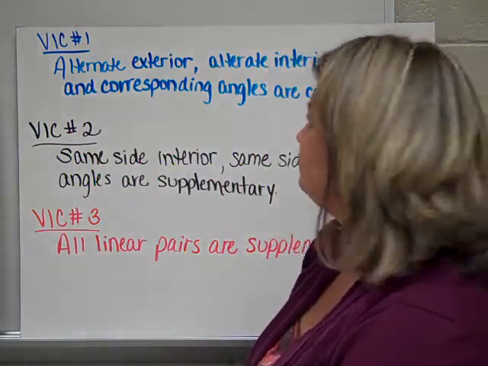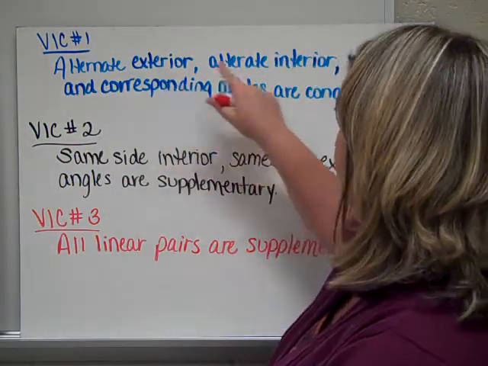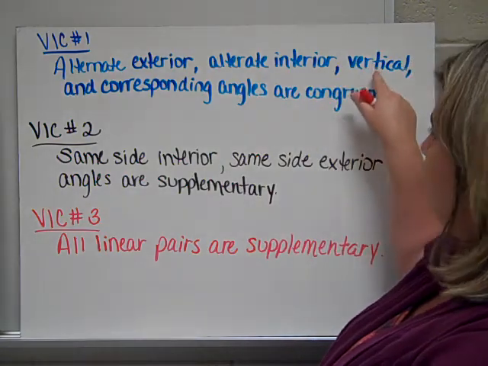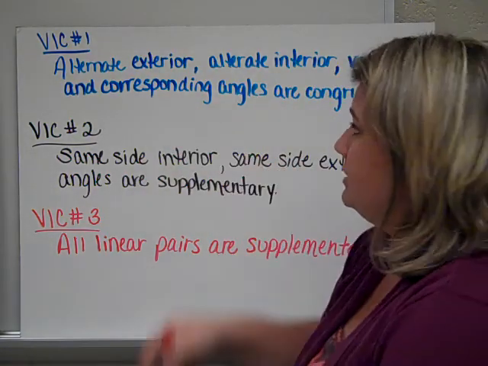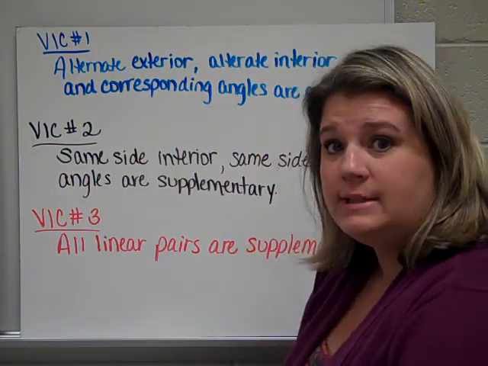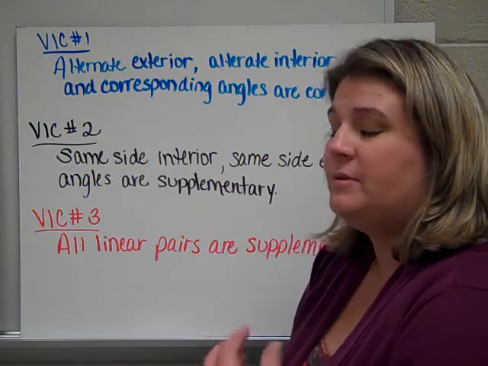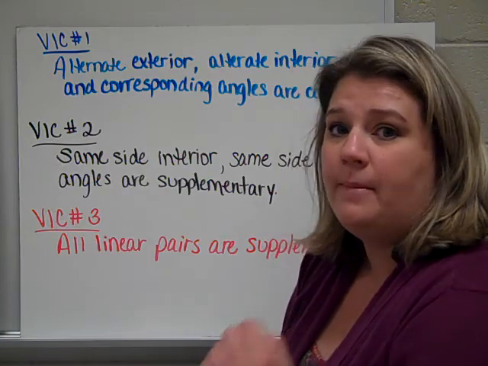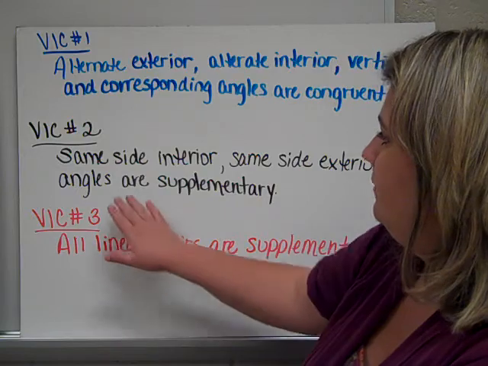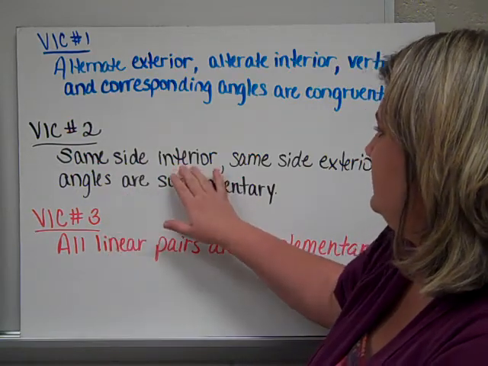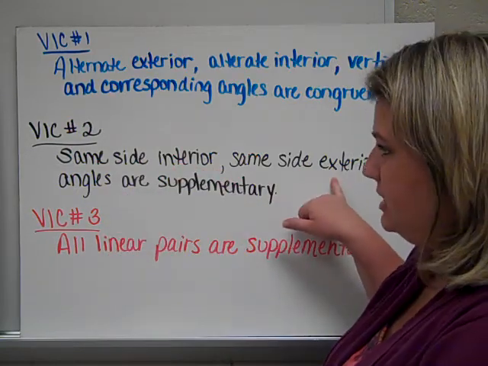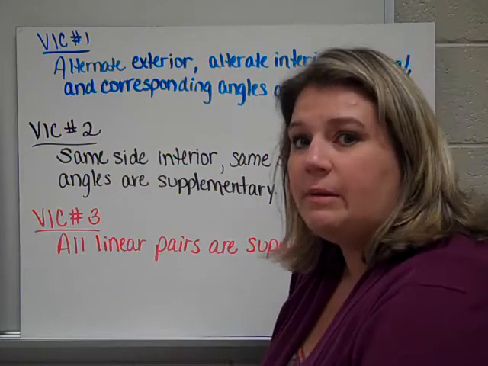Big number 1: alternate exterior, alternate interior, vertical and corresponding angles are congruent. So what does that mean? Being congruent means they have the same angle measure. Big number 2: same side interior and same side exterior angles are supplementary.